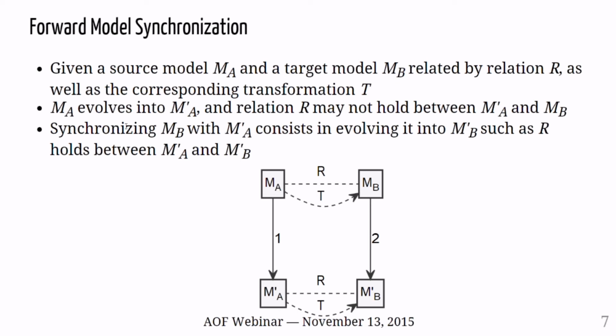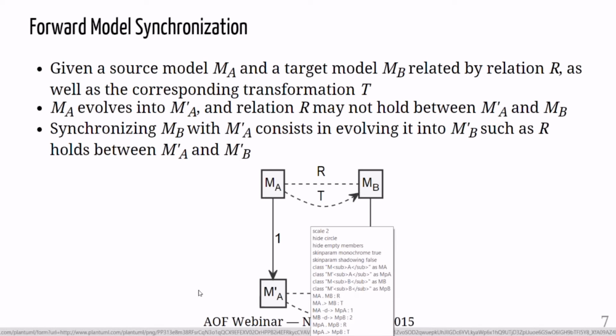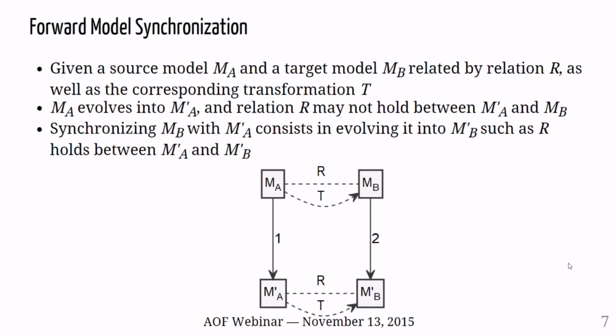And of course, this can be done in several ways. There is always the possibility to rerun the whole transformation, so T can be reapplied, which is what is shown on the arrow at the bottom of the slide. But ideally, we would like to follow this arrow here, labeled 2.